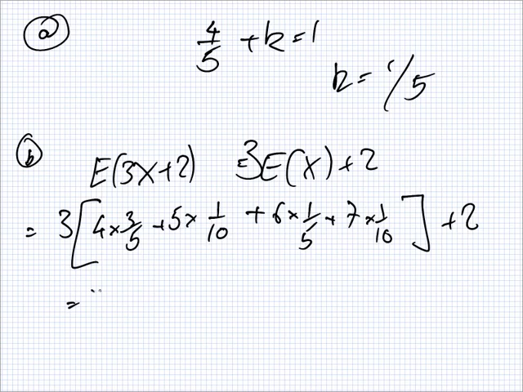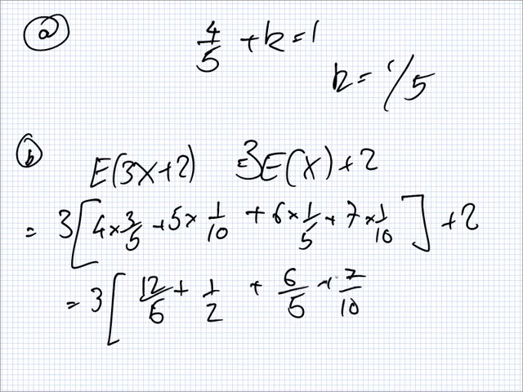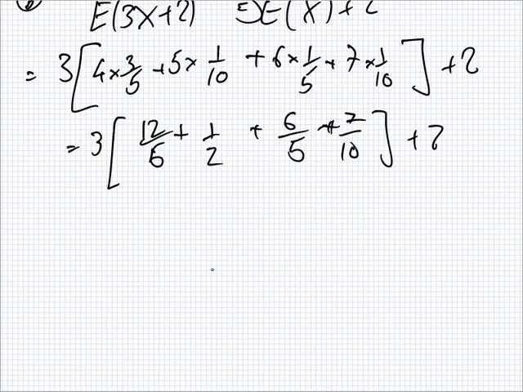So that'll be 12/5 plus a half, that's 5/10, 6/5 plus 7/10. So that's 12, 19, 24, and 48 tenths. 24/5. Is it 24/5? Great.